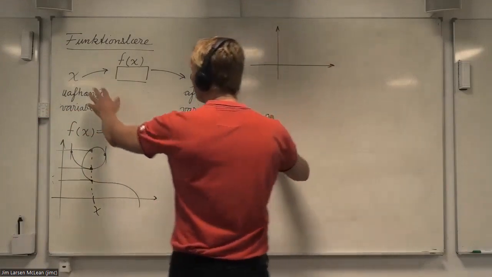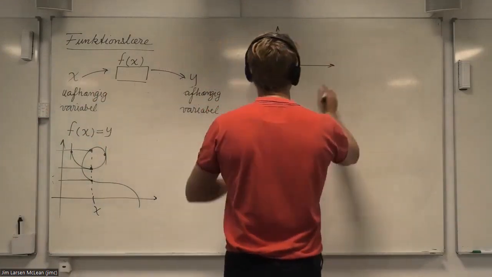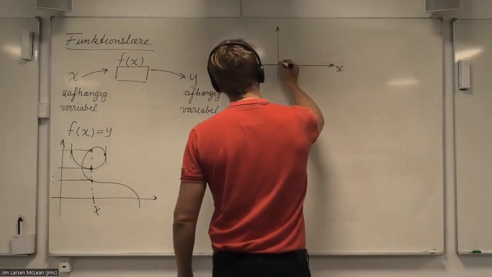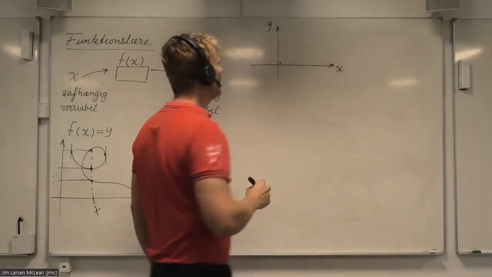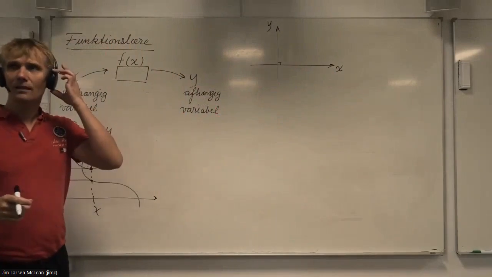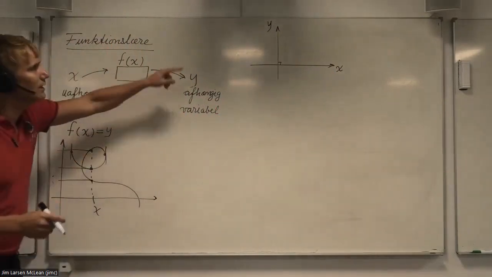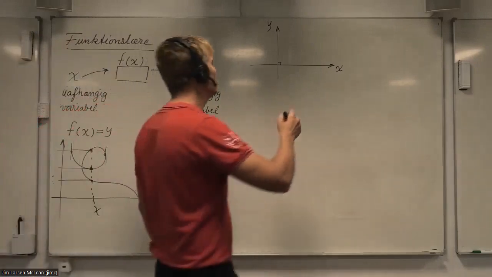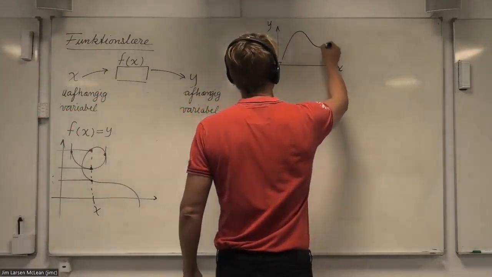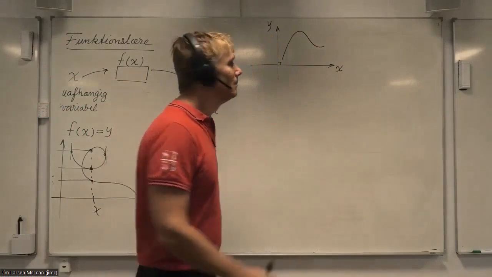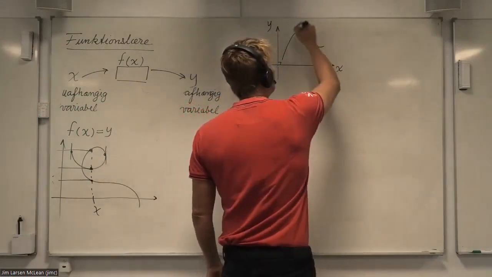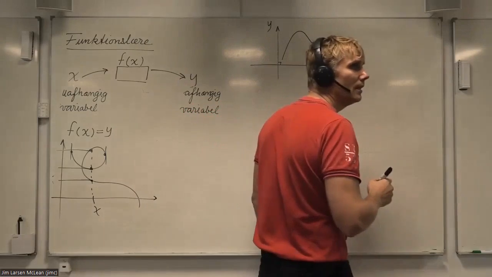If you draw the relationship between the x's and the y's, where you have an x-axis here, and perpendicular to it you have a y-axis, you have what's called the Cartesian coordinate system. And if you draw the relationship between the x's and the y's in that, you get what's called the graph. And it could look like this, for example. It just mustn't become tangled, and it mustn't loop around and intersect itself. Then it's not a graph of a function anymore.